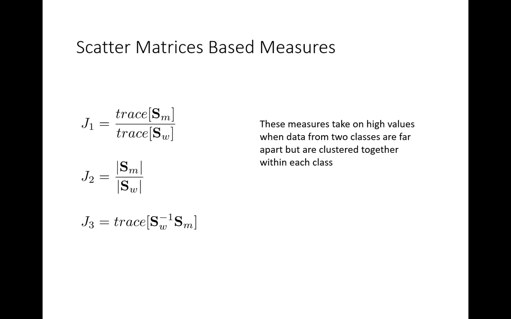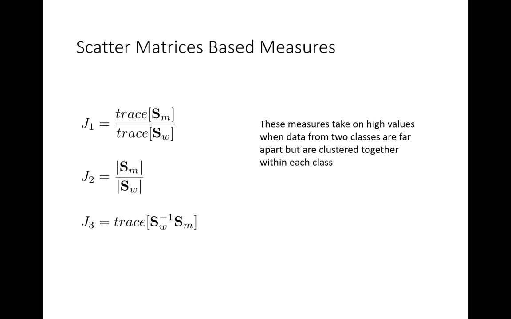The way these matrices are used for evaluating different features is based on some of their properties. There is a measure called J1, which is defined as the trace of matrix SM divided by the trace of matrix SW. Remember, the trace of a matrix is nothing but the sum of diagonal elements.